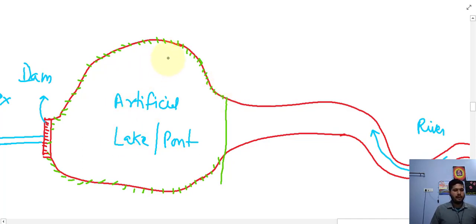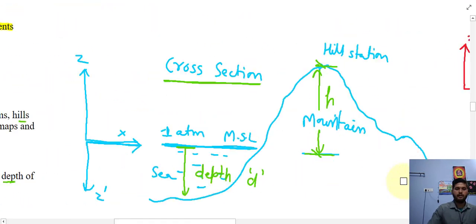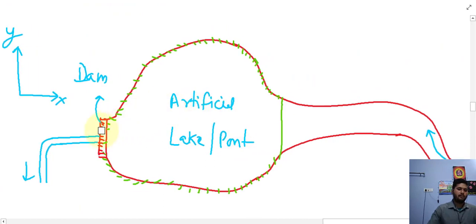So we find the area which is covered by this green line. This is called spreading of water due to construction of the dam. This is how we find the water spread area due to construction of this particular dam.